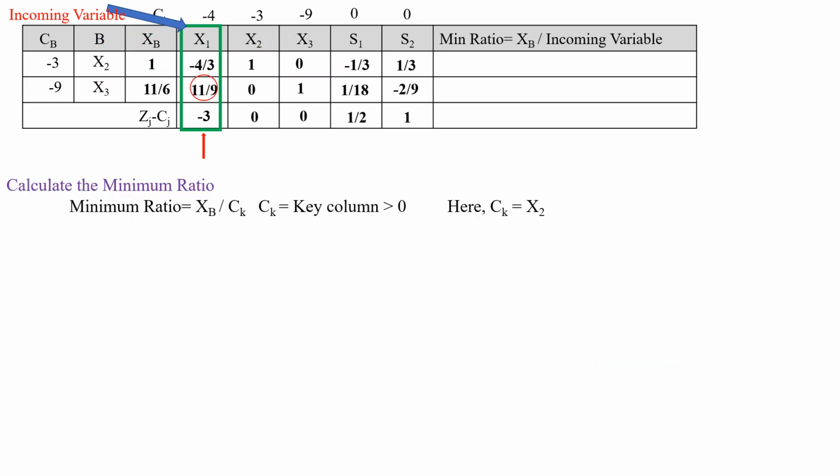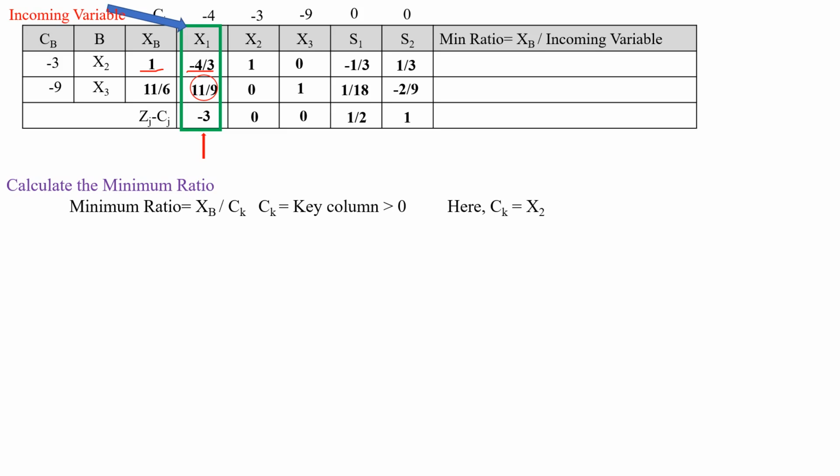Next, to calculate the minimum ratio, that is XB divided by the coefficient of the incoming variable, for the x2 row as well as the x3 row. First, we look at the x2 row. In the x2 row, the XB value is 1 and the coefficient of the incoming variable is minus 4 by 3.